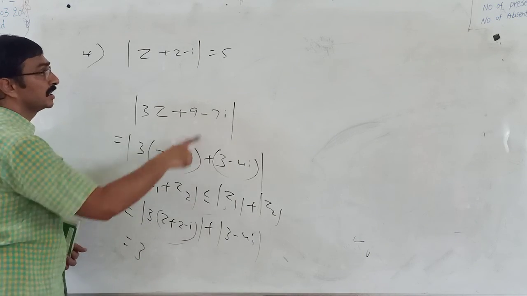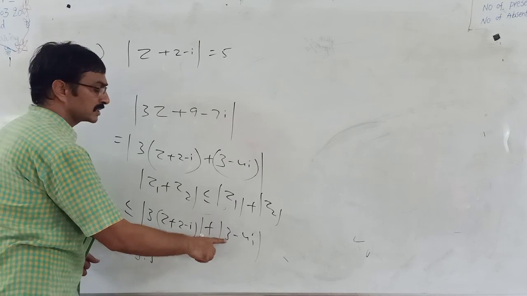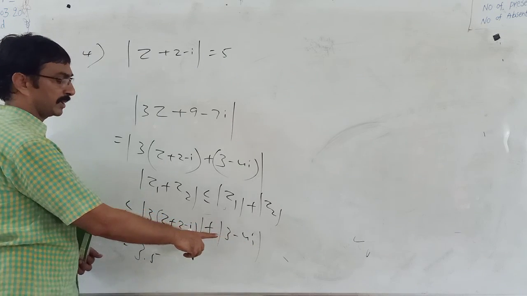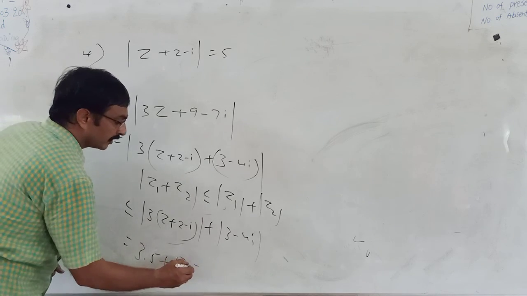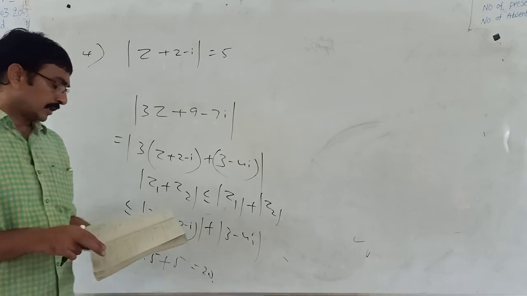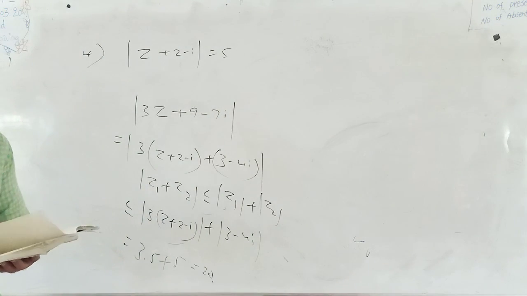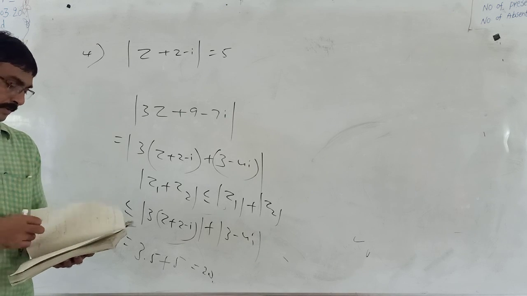Modulus of this one is given, that is 5. Modulus of this one is modulus of a plus ib, formula root of a square plus b square. Root of 9 plus 16, 5. That's 15 plus 5, 20. Okay, tomorrow we will discuss some more problems, some advanced problems also. Thank you.